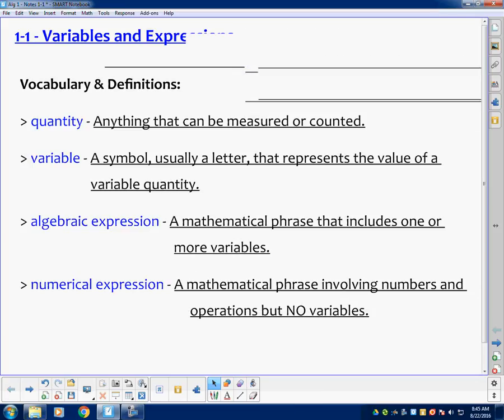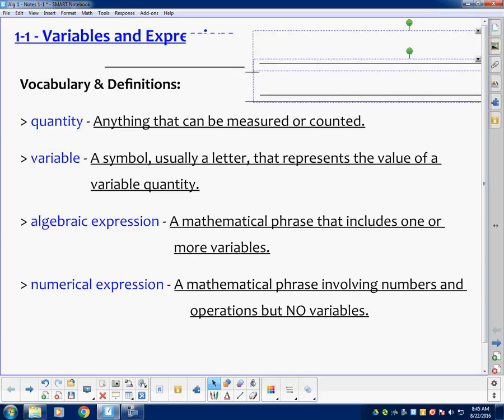Numerical expression is a mathematical phrase involving numbers and operations, but no variables. That's what we've been doing. I'll give you a minute to write those down, and then we'll do some examples of some algebraic expressions. We're going to write some from sentences or phrases.